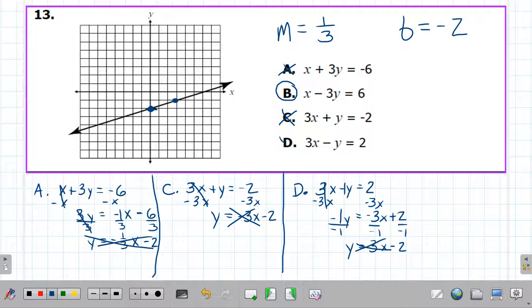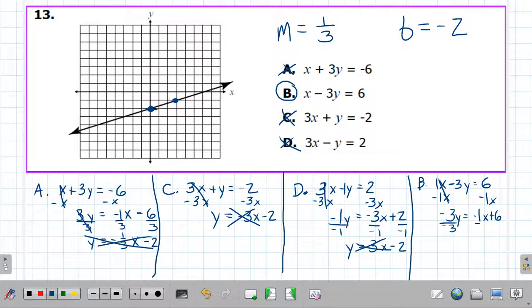Okay. So technically, we know that it's B just because all the rest of them aren't right. But let's look at B really quickly and see why it's the answer, just so we can check ourselves and make sure. So in this case, x minus 3y equals 6. Subtract 1x, so once again it's a 1x. We get -3y is equal to -1x plus 6.